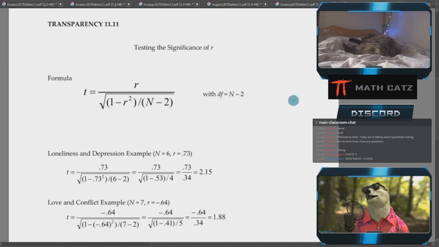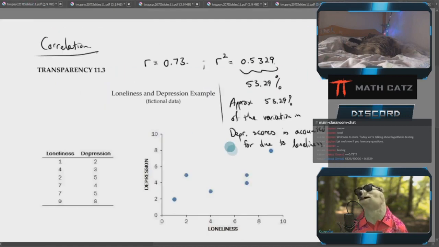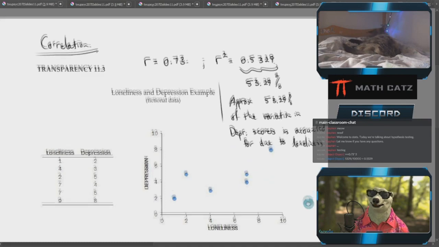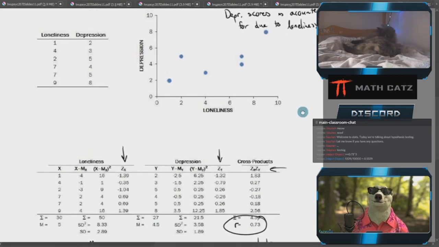The other is, let's just think about this. What we have here in our first example is a sample from the underlying population of people with loneliness scores and depression scores.